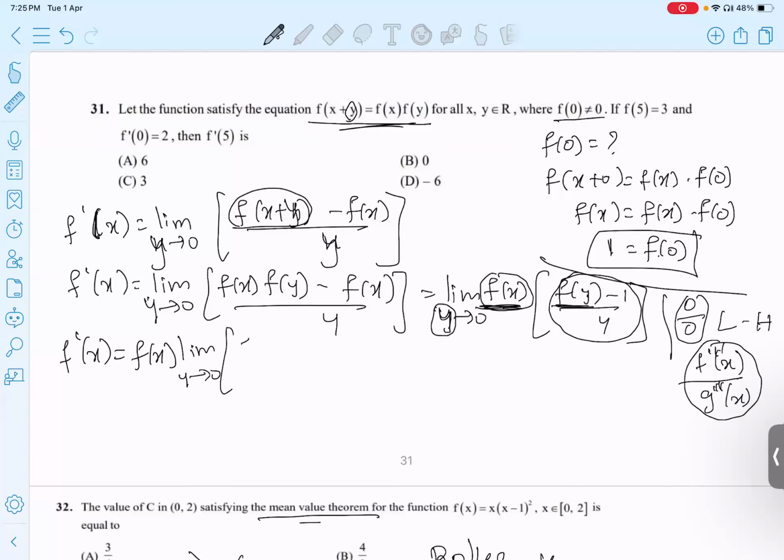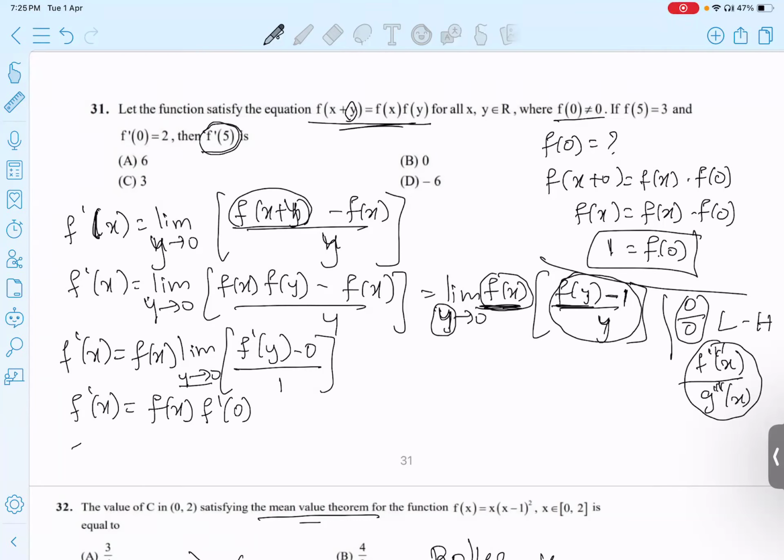Differentiation of f of y is f dash of y. Differentiation of minus 1 is 0. Differentiation of y gives you 1. If I substitute the y value, that is, apply the limit as y tends to 0, I'll get f dash of 0. So now we are supposed to find the value of f dash of pi, students.